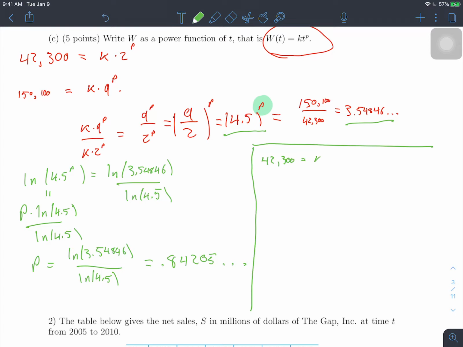42,300 equals K times 2 to the power 0.84205. So we'll take K to be equal to 42,300 divided by 2 to the power 0.84205.